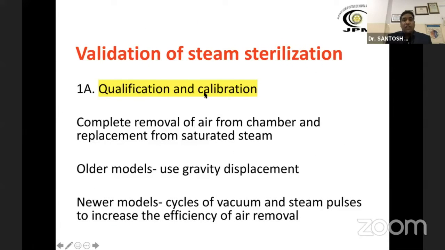So coming to the validation of steam sterilization, the qualification and calibration are most important. Complete removal of air from the chamber and replacement with saturated steam is the key principle on which this works. The older models use gravity displacement system, and the newer models now use cycles of vacuum and steam pulses to increase the efficiency of air removal.